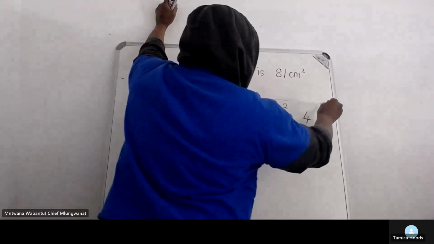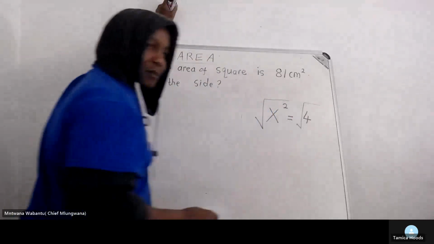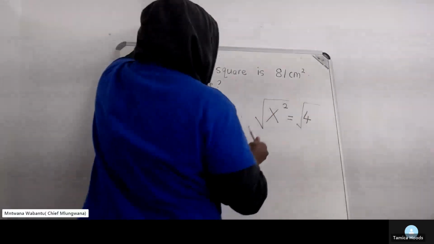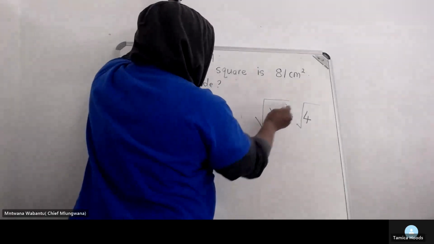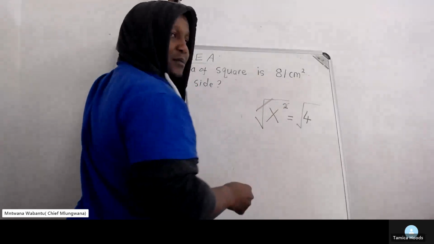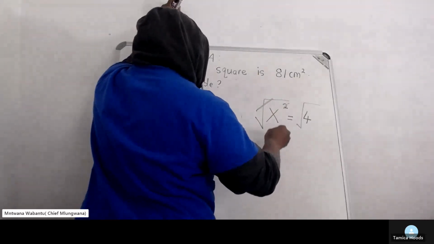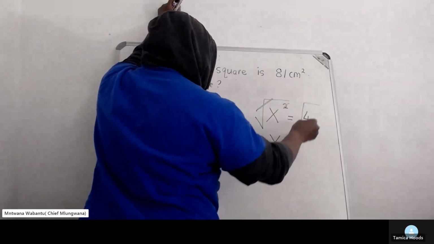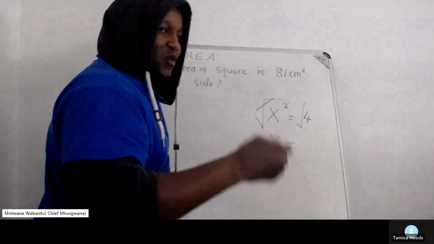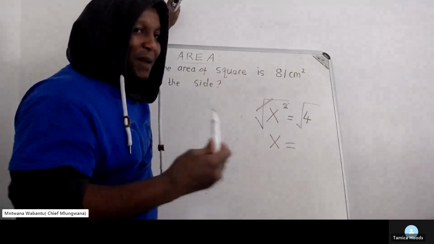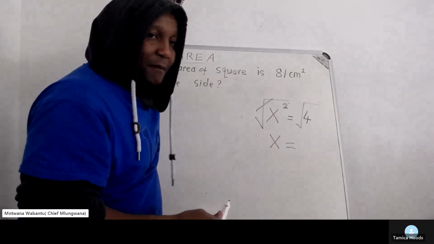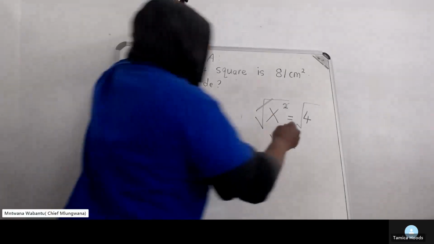This and this cancel, and you're left with x and then square root of 4. When you say square root of 4, you ask yourself which number when you multiply by itself will give 4. 2. So the answer equals 2.